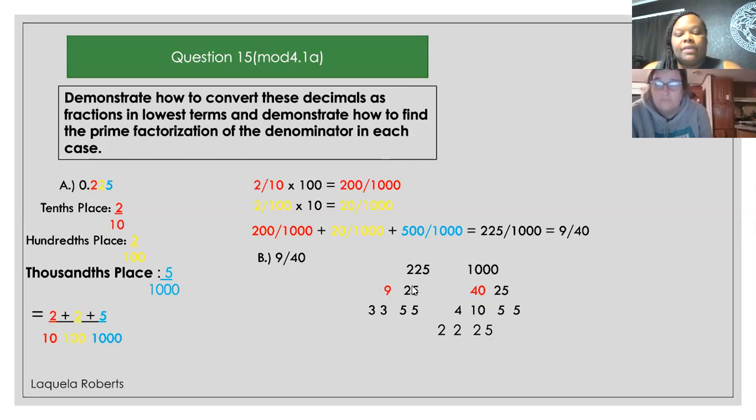So 9 times 25 gives us 225. Bring the 9 down, 3 and 3, 25, 5 and 5. So the 1,000 is 40 and 25. You bring the 40 down, you get 4 and 10, 2 and 2, 2 and 5, and for 25, it's 5 and 5. So you're going to do 2 to the third times 3 to the second times 5 to the third.